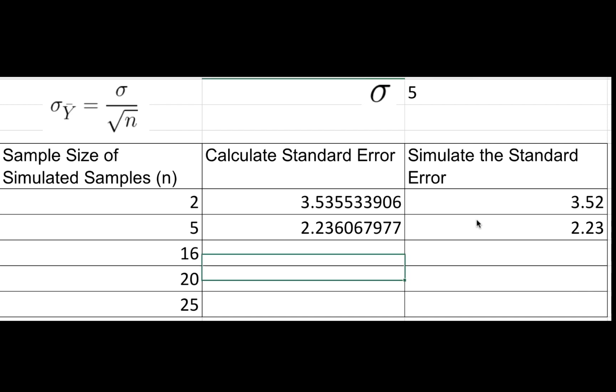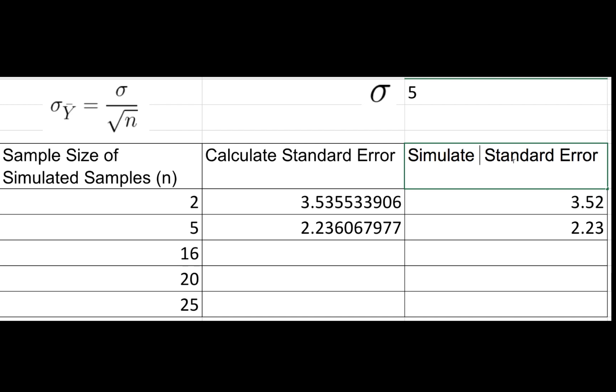So let's go ahead and make these predictions for sample sizes of 16, 20, and 25, and then let's fill in these numbers by simulating them too. Just to make this the same in this column and this column, it says this is the calculated standard deviation, and here's the simulated standard error.